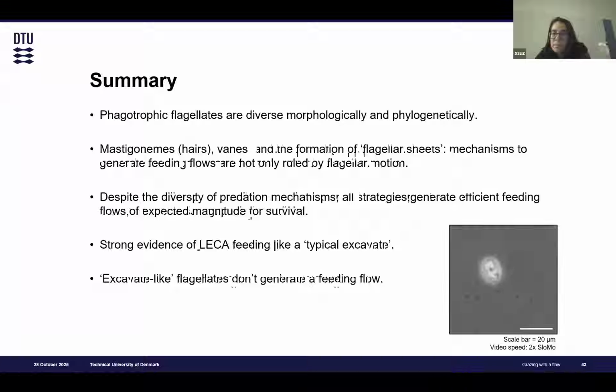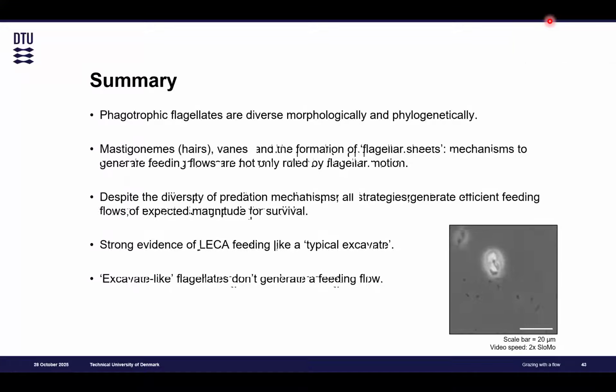I was wondering how prevalent these other types of mastigonemes are, whether you have encountered any species where the mastigonemes are of this type, and what type of feeding they would be displaying.